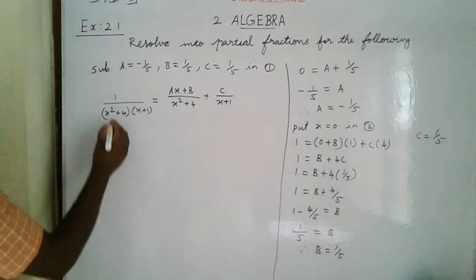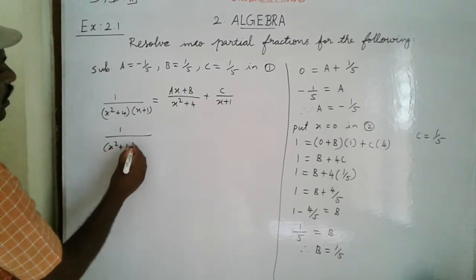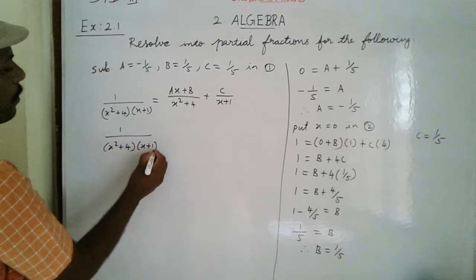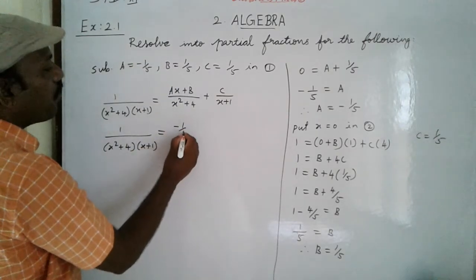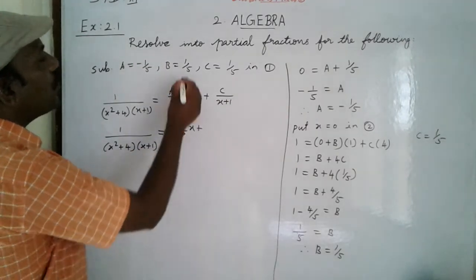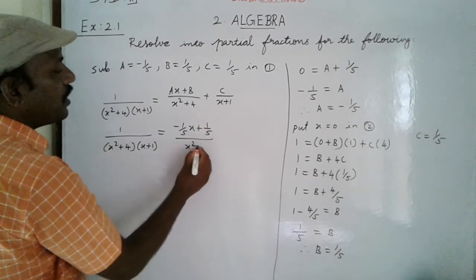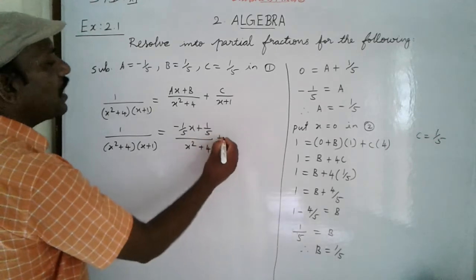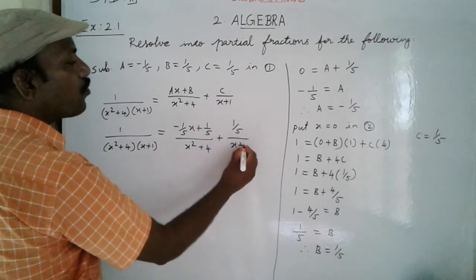Now we substitute the values here: 1 divided by (x square plus 4)(x plus 1) equal to, the a value minus 1 by 5, into x plus the b value 1 by 5, divided by (x square plus 4), plus the c value 1 by 5 divided by (x plus 1).